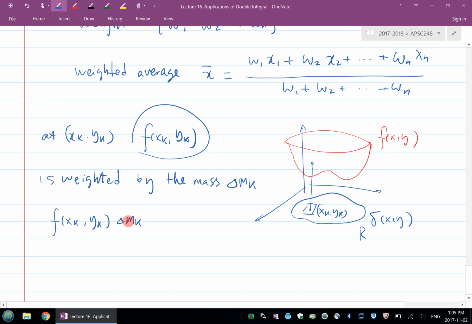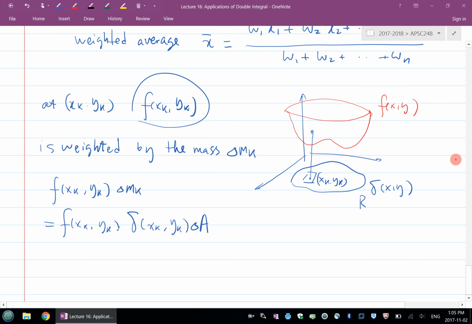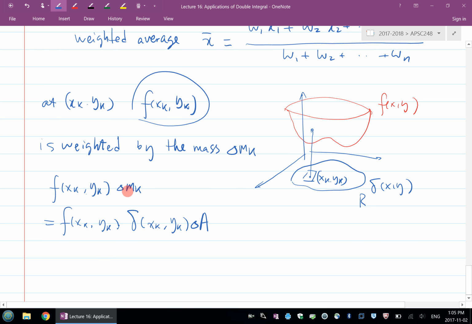So you weight this function by this delta mass, and delta mass is directly related to the density function. I can write the density function times the delta area. So density times the area gives you the delta mass. So this function is weighted by the mass.